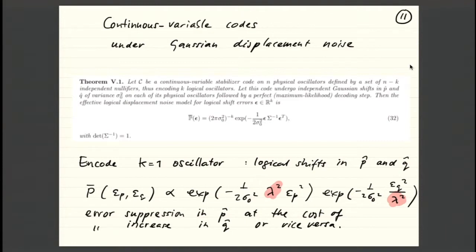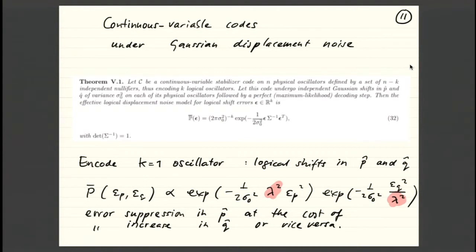And that code, say, encodes k logical oscillators. The way you give a continuous variable stabilizer code is by nullifiers. I'll give you an example in a moment. It's just a way of describing the checks of the code.